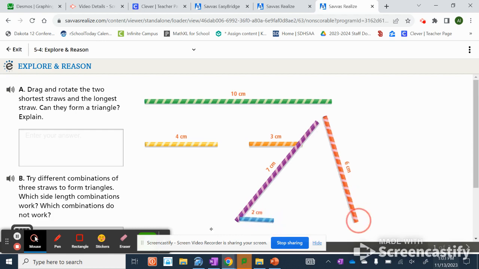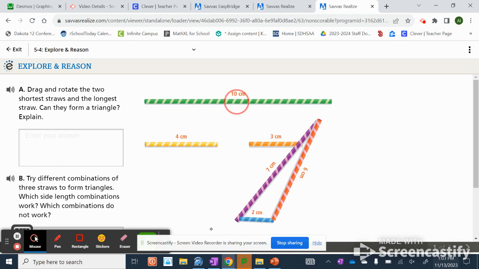Well, no, I can just grab this 6 and just move it. I'm just using 3 straws to make a triangle. I can just move this kind of like this, like that, right? The 2, the 6, and 7 can make a nice triangle, right?